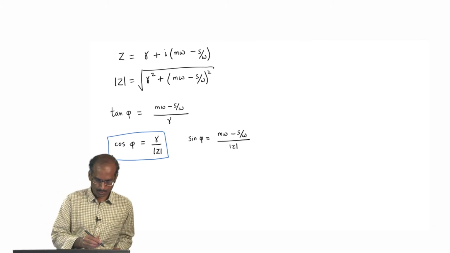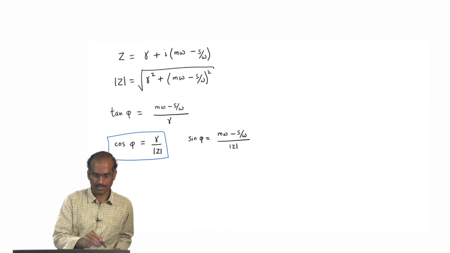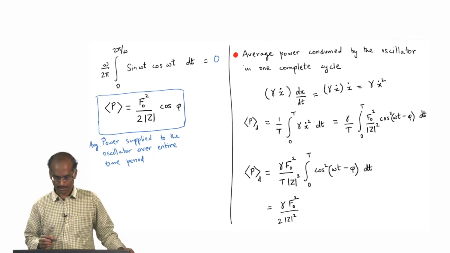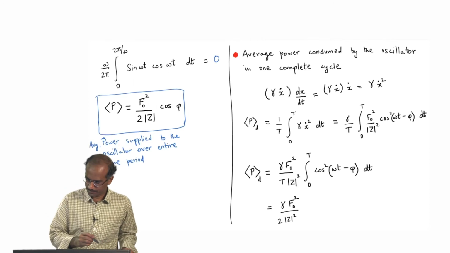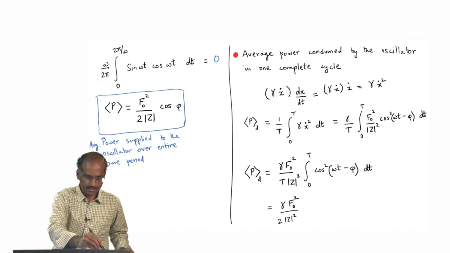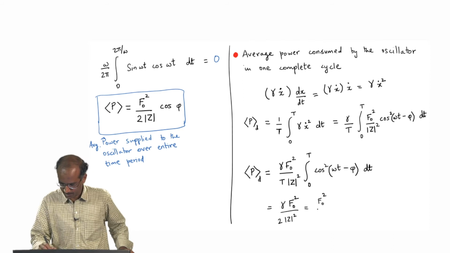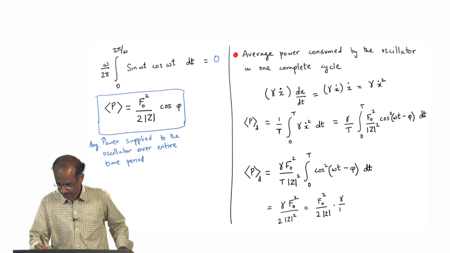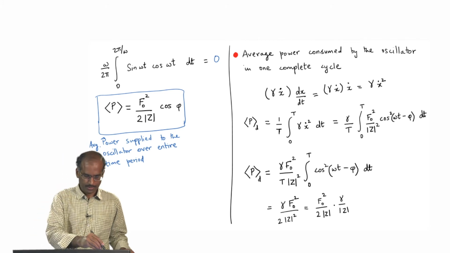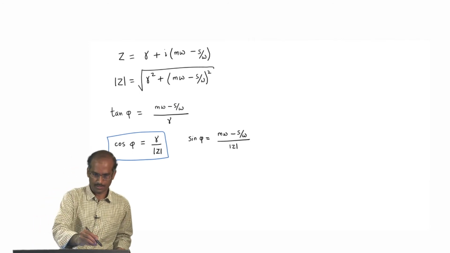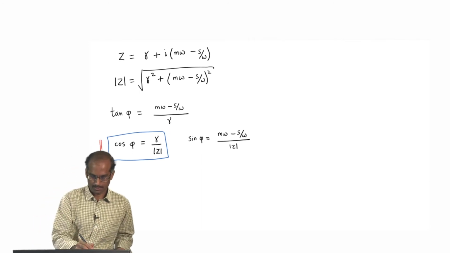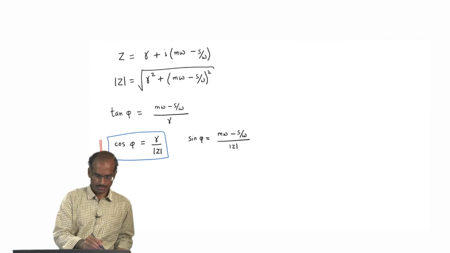Let us go and look back at the formula that we have for the average power dissipated. Let me rewrite it as f 0 square divided by 2 times mod z multiplied by gamma times mod z, and we know that gamma times mod z is simply cos phi.